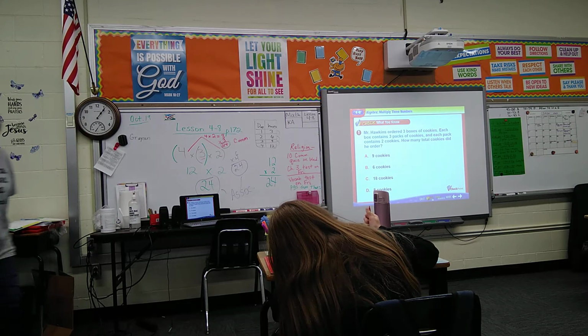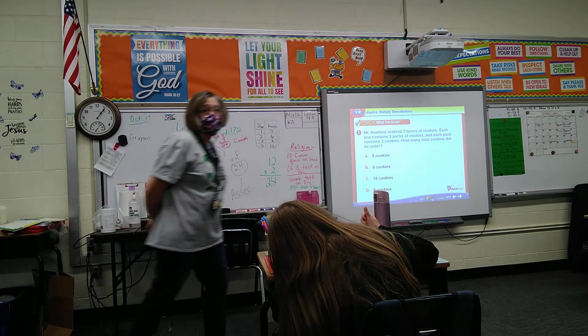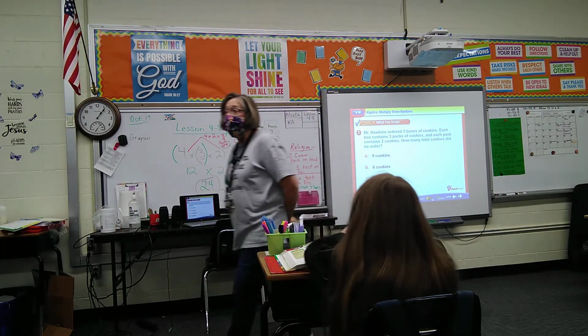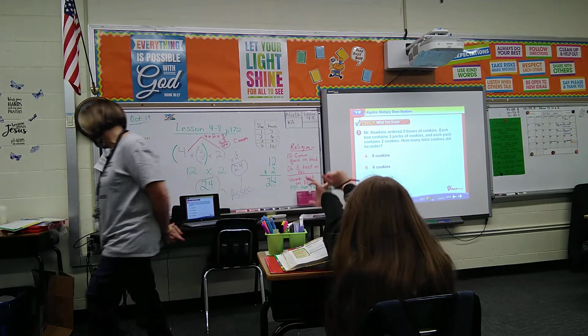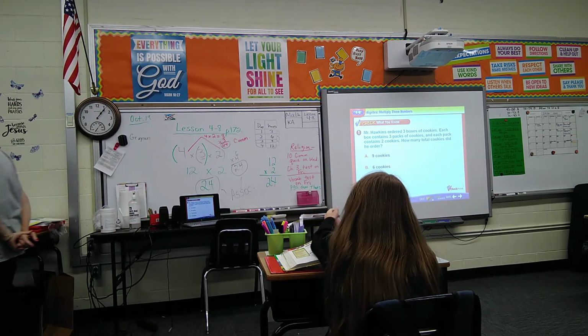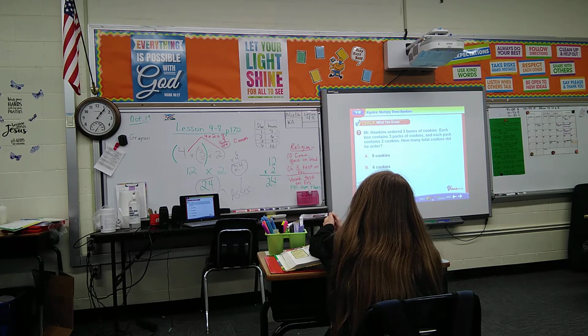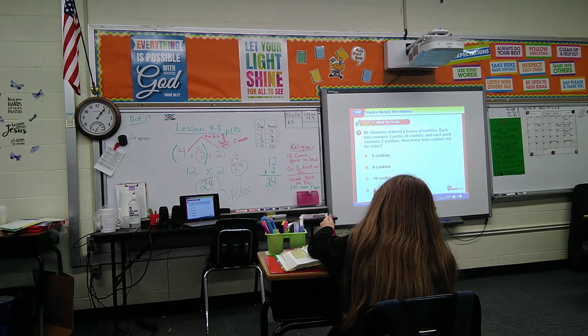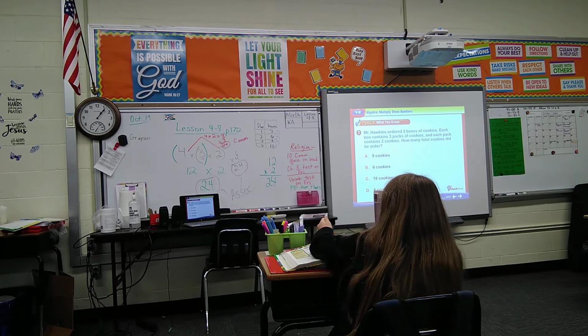Read this problem. Think about your 3 factors. And when you have a product, put your head down. Pick 2 to multiply together first. Then you get that product and multiply it by your 3rd factor.